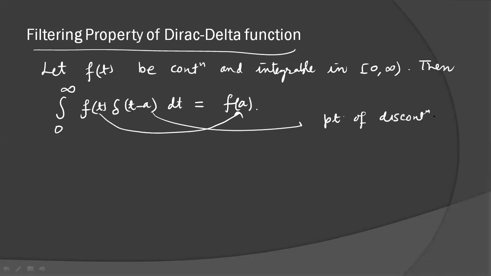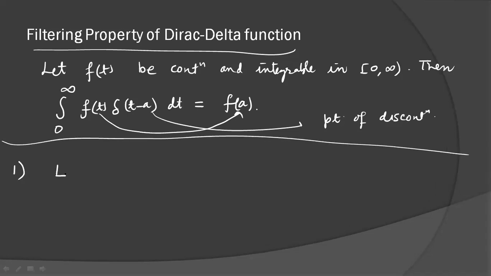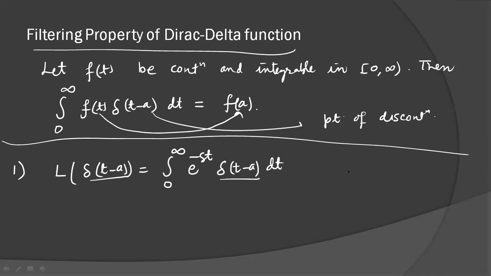So using the filtering property, we can derive some important results. What is the Laplace of delta(t minus a)? By definition, it is the integral from 0 to infinity of e to the power minus st times delta(t minus a) dt. This is the definition of the Laplace transform.